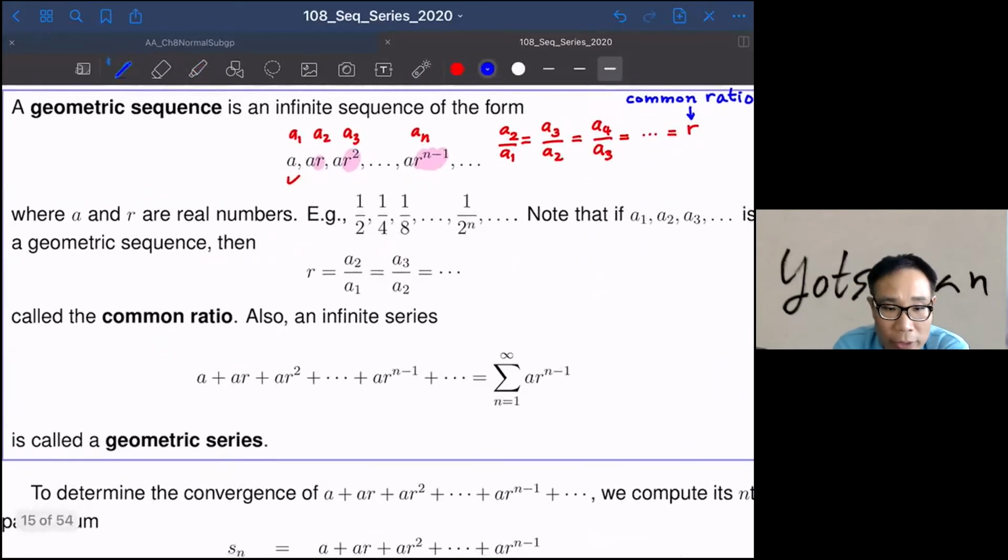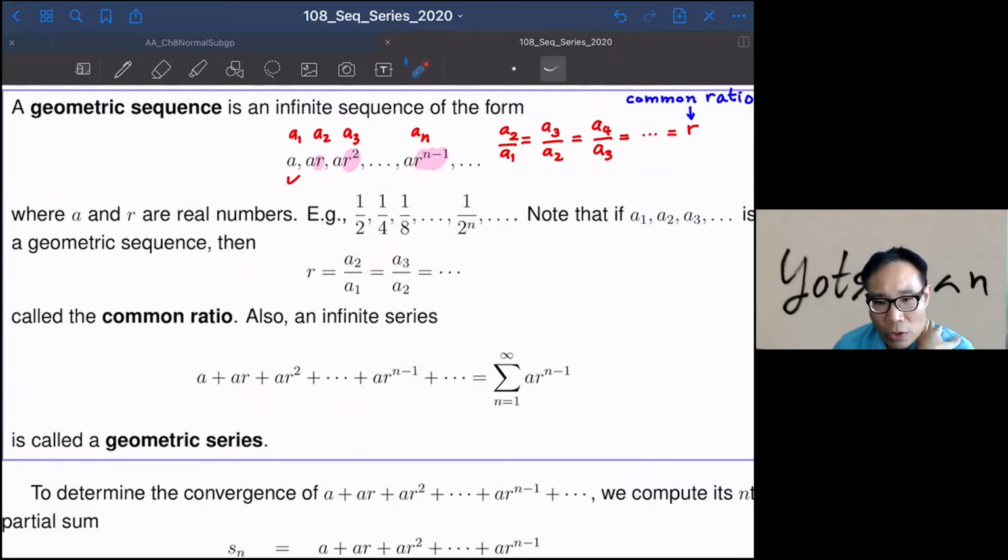And the geometric series turns out to be the sum of the geometric sequence. So you have to find the sum A plus AR plus AR squared up until AR to the n minus 1.